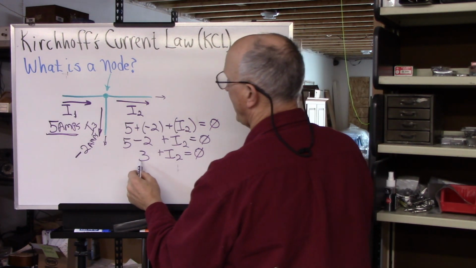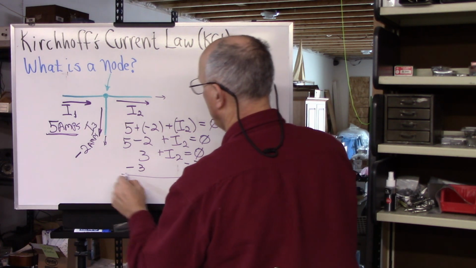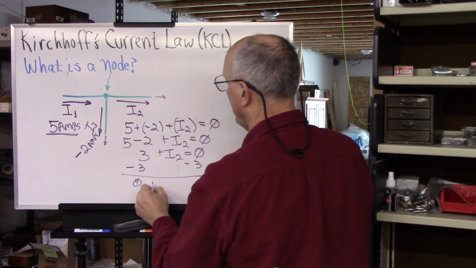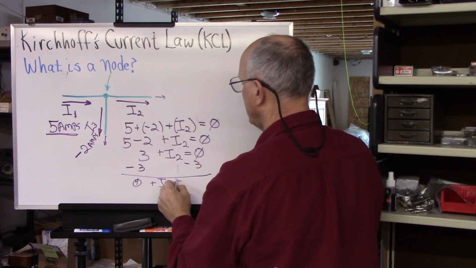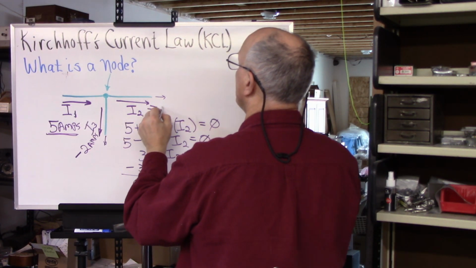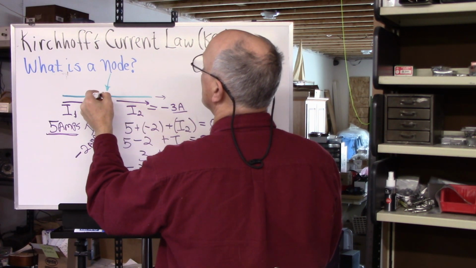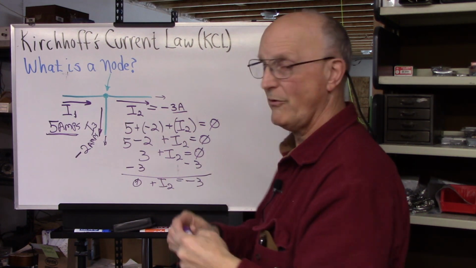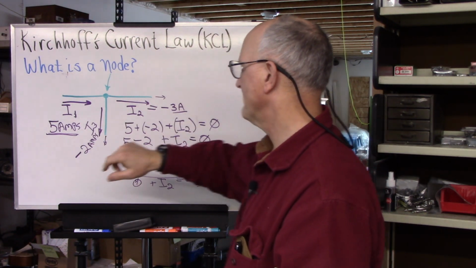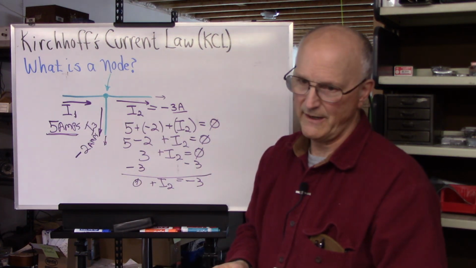And then if we subtract 3 from both sides, 3 from 3 gives us 0, plus I2 is equal to minus 3. So we now know that I2 equals minus 3 amps. And this is relative to this node. That's an important point. I2 is minus 3 amps if I3 is minus 2 amps and I1 is 5 amps.